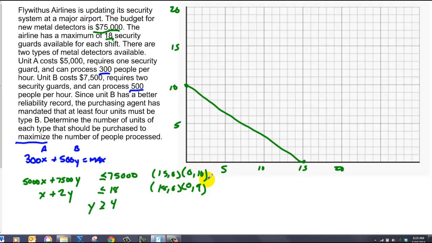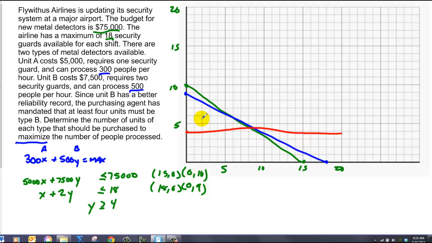I'll again go to 18, 0, 0, 9. Connect those 2 dots. Followed by y is greater than 4. Draw a line across here.